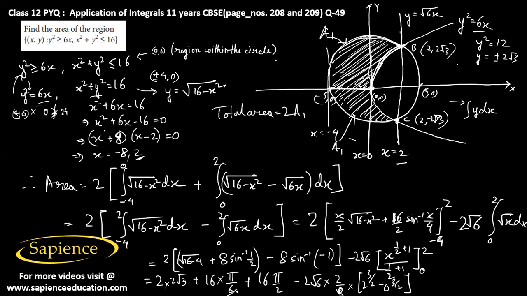So then this will cancel out. 3 sixes are 6, 2 eights are 16, so this will be 4 root 3.